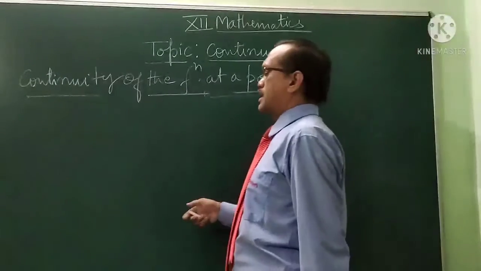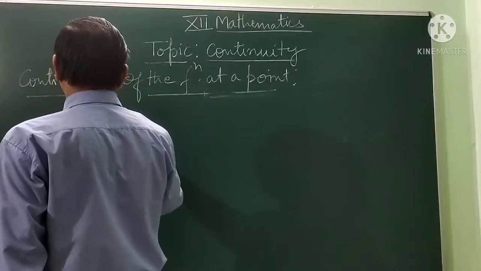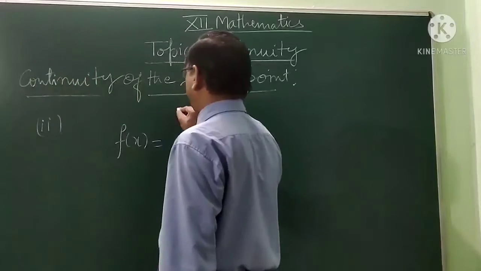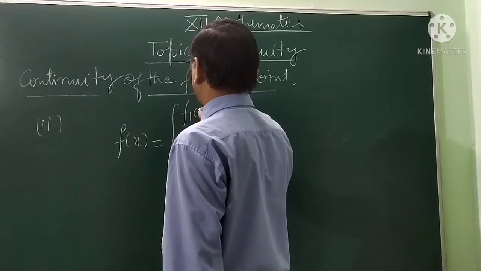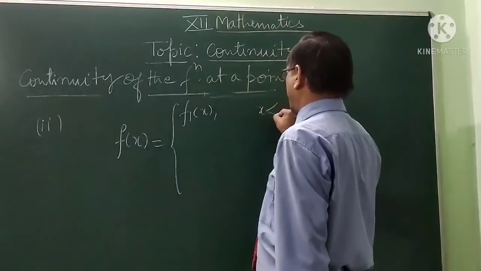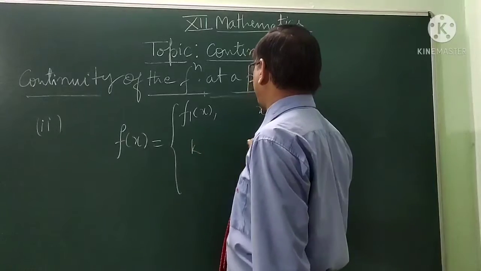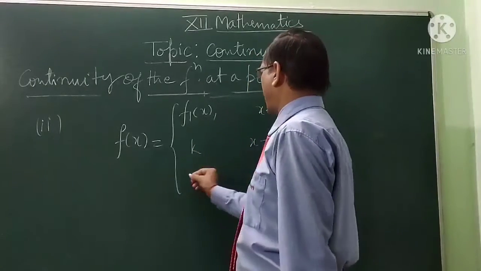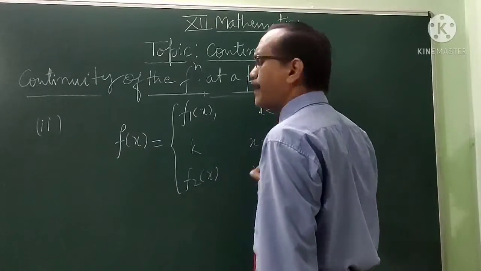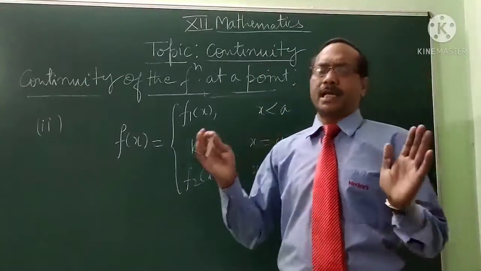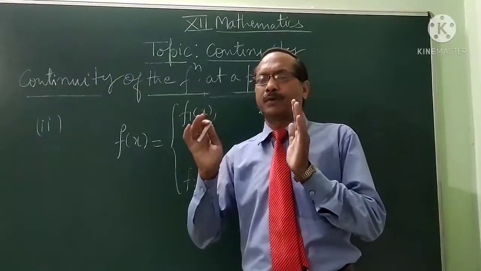Student, now this is the second case. Here the function f(x) is defined as f1(x) when x is less than 8, some constant when x equal to 8, and f2(x) when x is greater than 8. So in this case, we will find the left hand limit, right hand limit and value of the function.